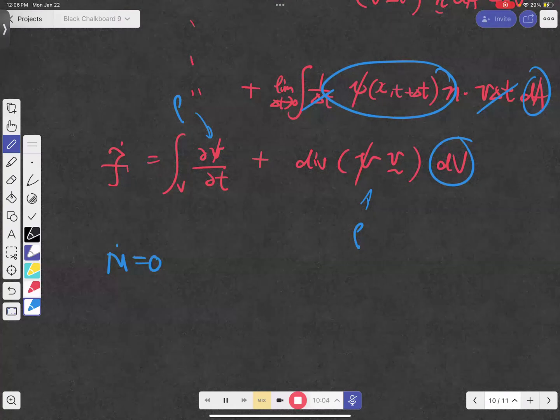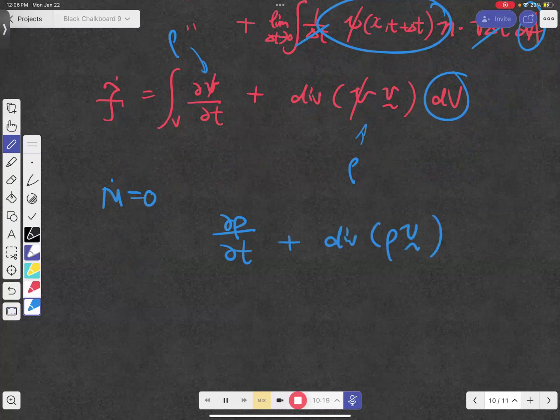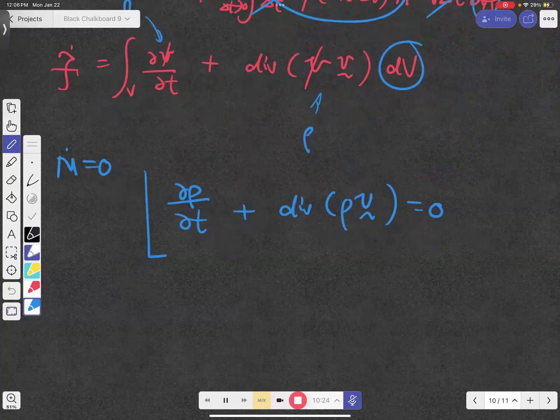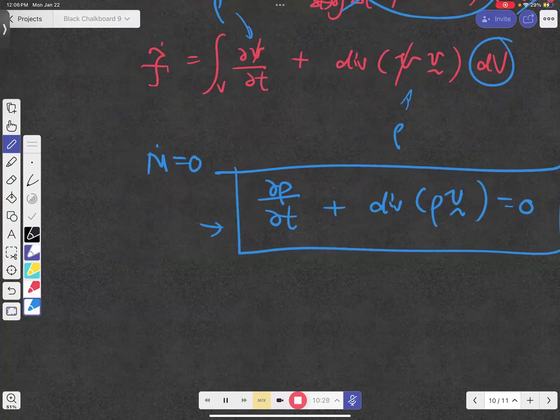You can have a closed system. In a closed system, there's no mass created or destroyed. What I would have is that the change of the density over time equals the divergence of the density times the velocity, which is sometimes called the mass flux. And this one would be the conservation of mass.